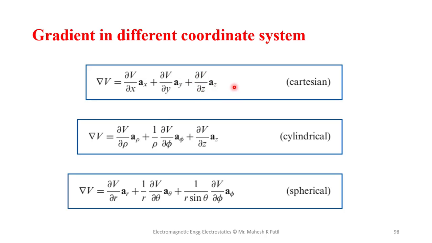For the cylindrical coordinate system, del V can be written as dV by dr Ar bar plus 1 by r dV by d phi A phi bar plus dV by dz Az bar.